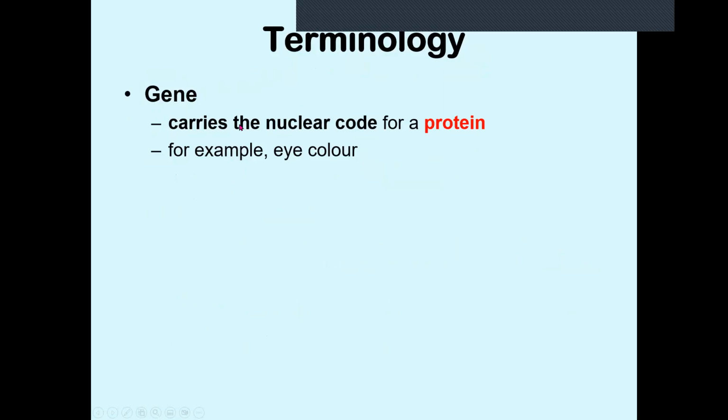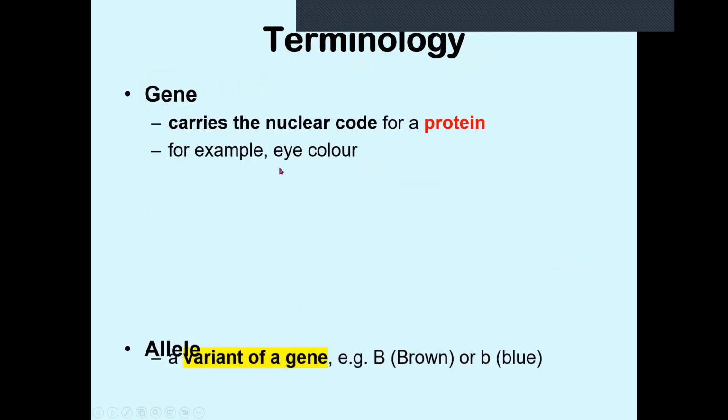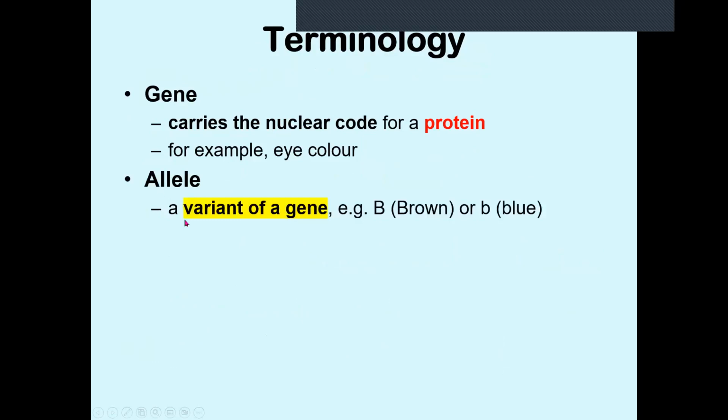So I've got a bit about terminology. A gene carries the nucleic code for a protein, say eye color. The allele is a variant of that gene. Say, for simplicity's sake, let's say there are only two eye colors, brown and blue.